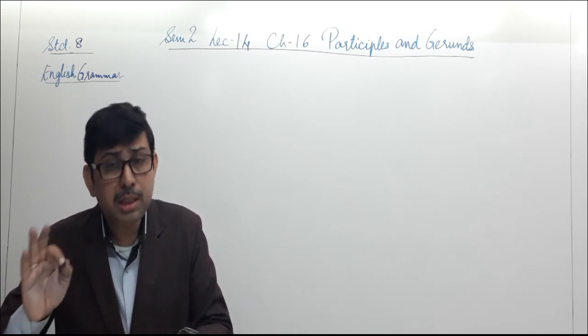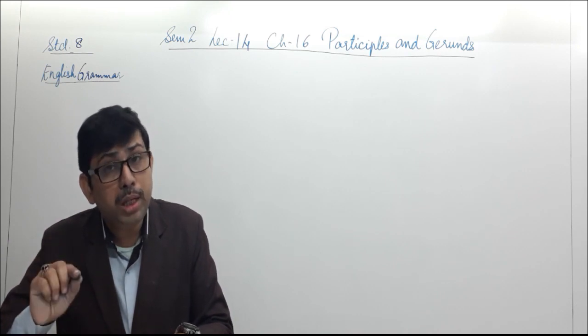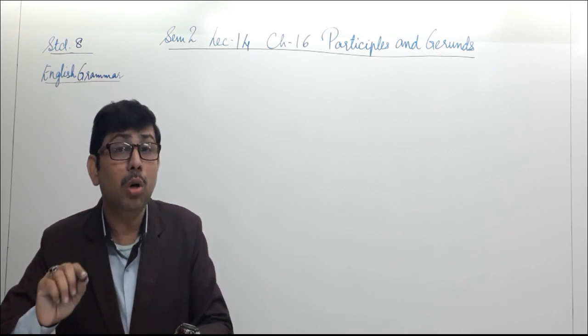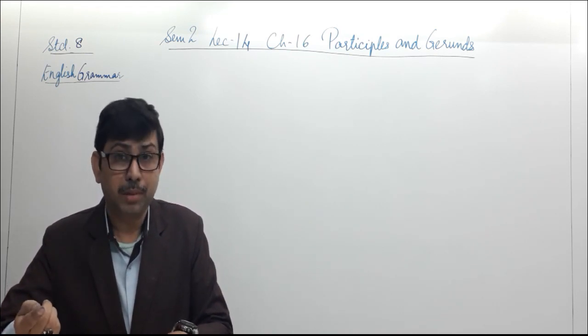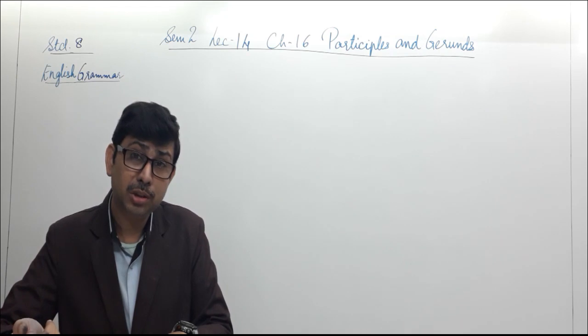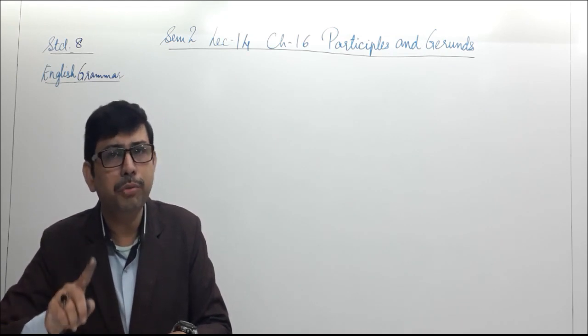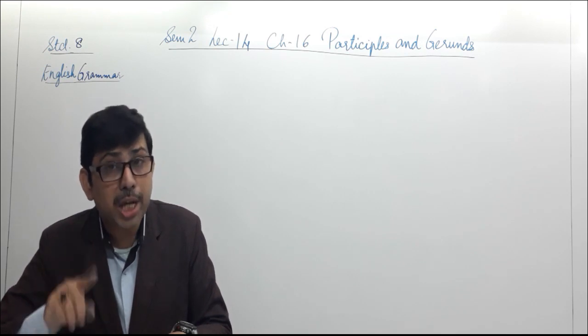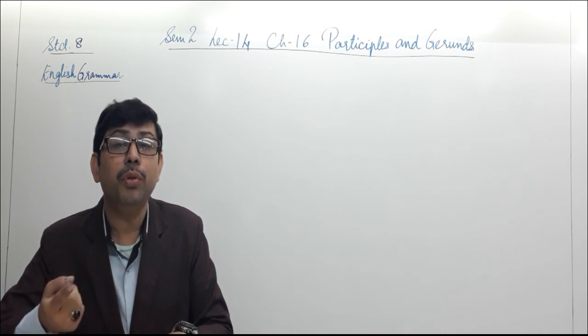Well, in all these sentences, going is an action doing word, but the next word that you see, shopping, is also an ing word. So is that a verb over here? No, that is not a verb over here. It is a gerund playing the role of an adverb over here.